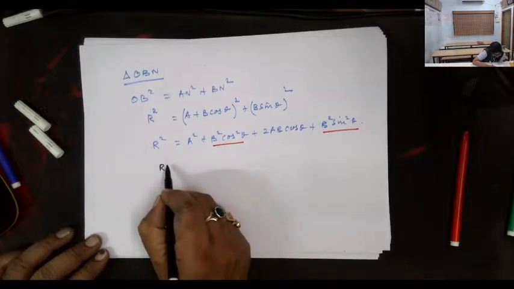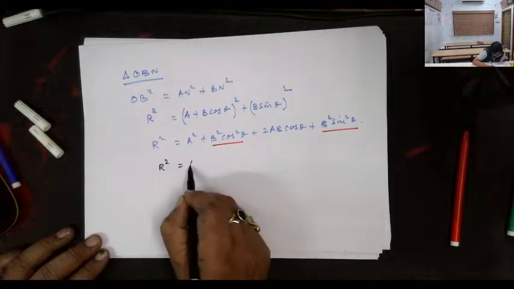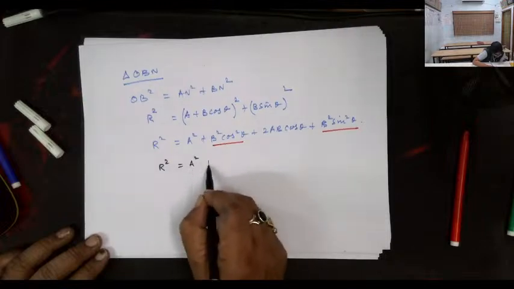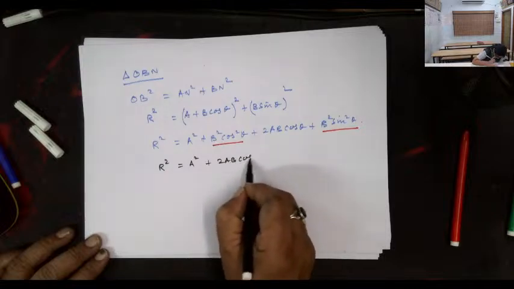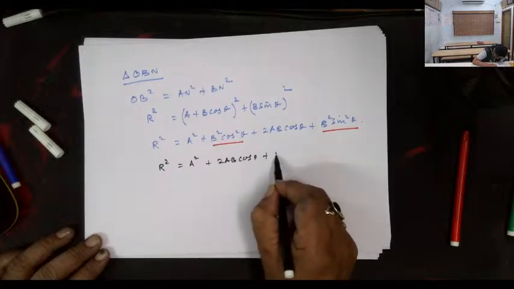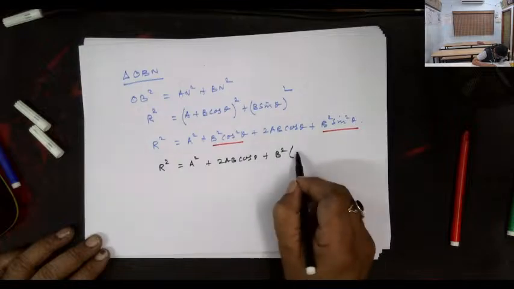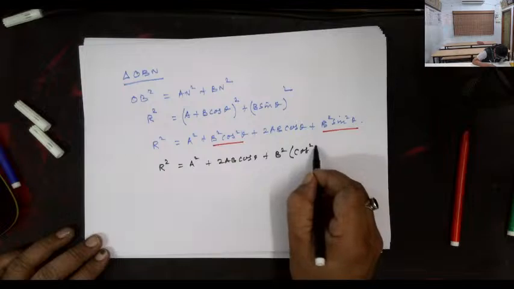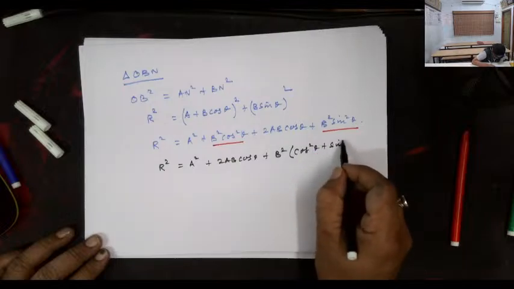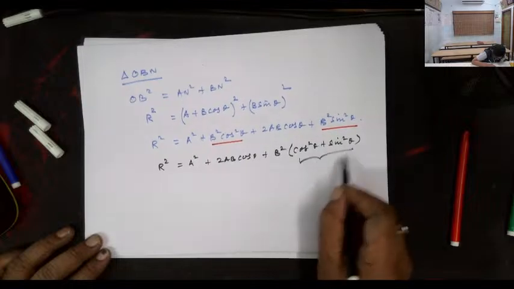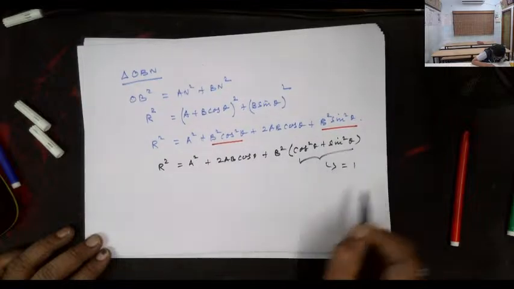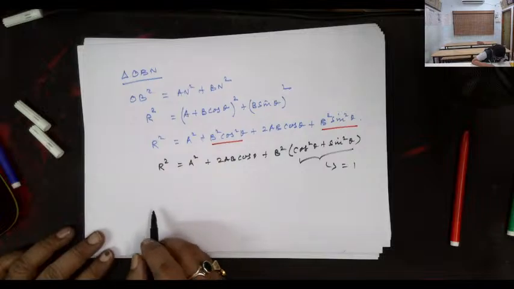So R squared is equal to A squared plus 2AB cos theta plus B squared of cos squared theta plus sin squared theta, right? We know already cos squared plus sin squared is equal to 1 according to trigonometric identities.